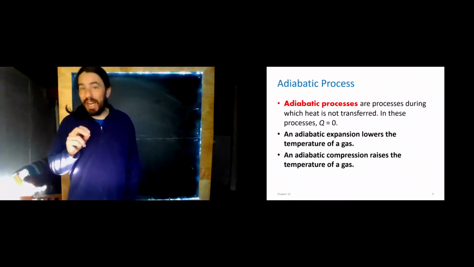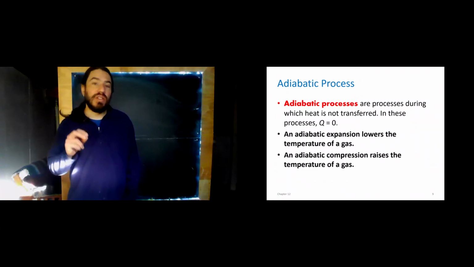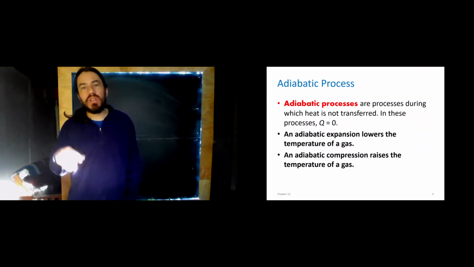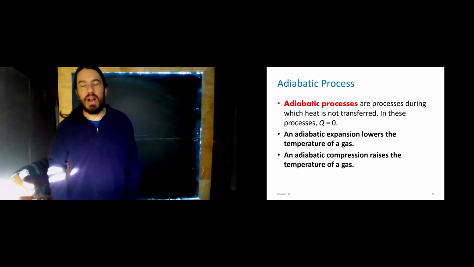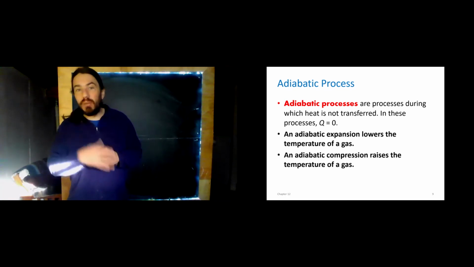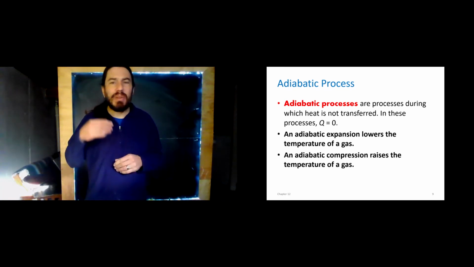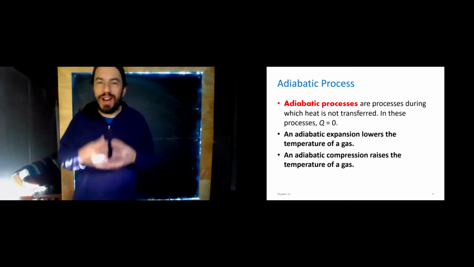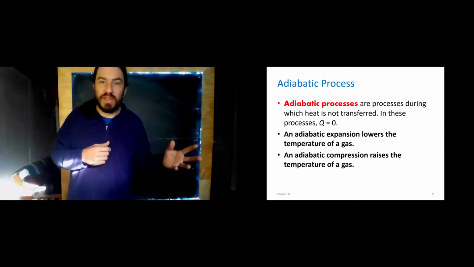Lastly, an adiabatic process is a process during which Q is 0. In other words, there's no heat transferred into or out of the system. An example of an adiabatic process would be some sort of process within a well-insulated container. Another example would be something that happens very quickly, so there's just not time for heat to flow into or out of the system.